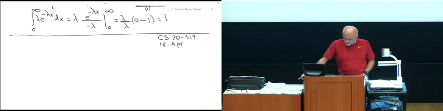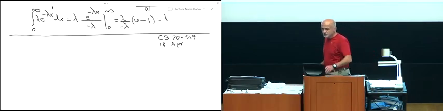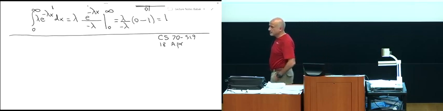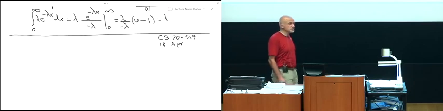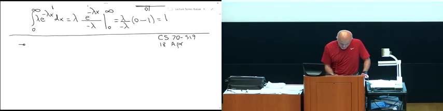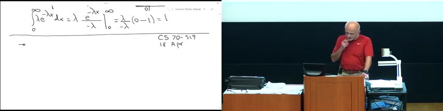Okay. Last time we introduced the idea of continuous random variables and their probability density functions and cumulative distribution functions. So let me just quickly review those definitions.